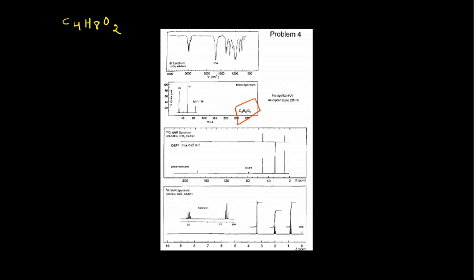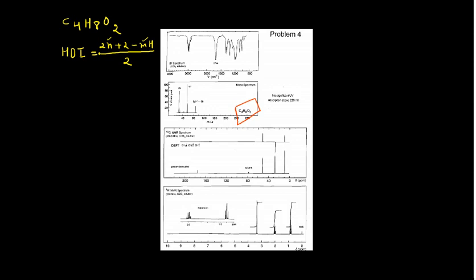We will calculate the HDI, index of hydrogen deficiency, also called double bond equivalent or degree of unsaturation, whatever you want to call it. And the formula is (2n + 2 - m) divided by 2, where n is the number of carbon atoms and m the number of hydrogen atoms.